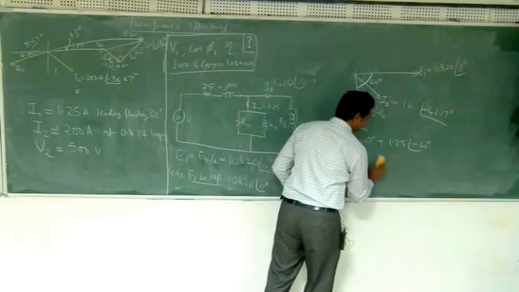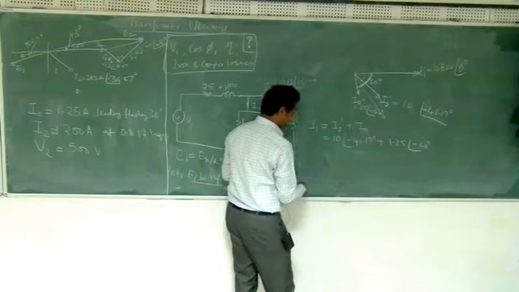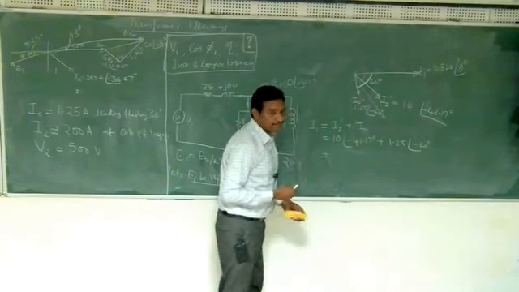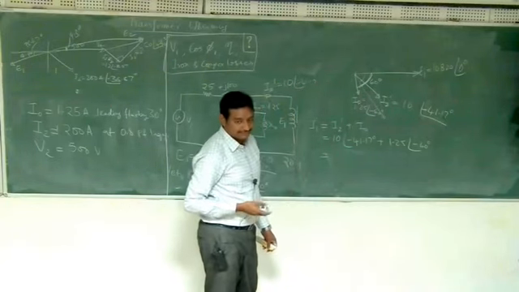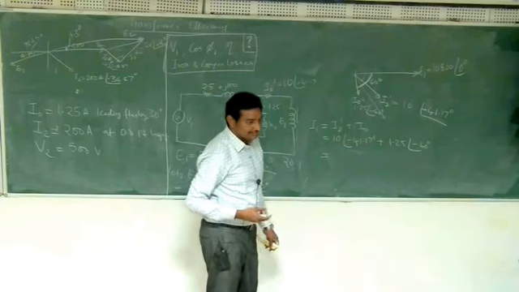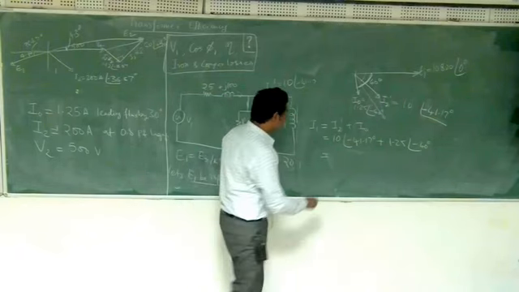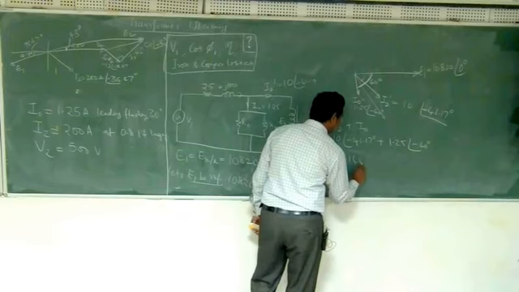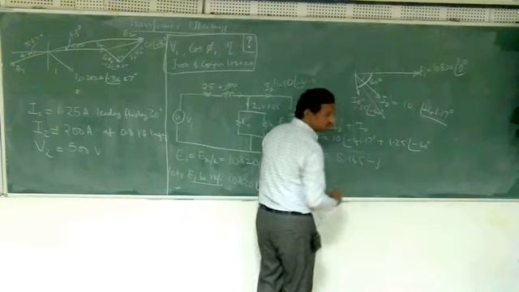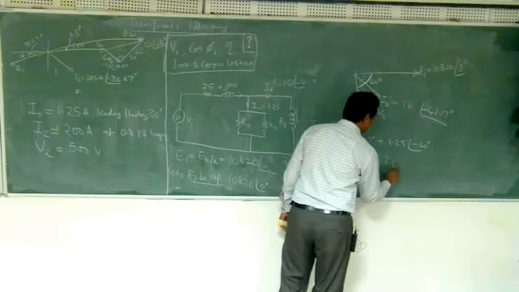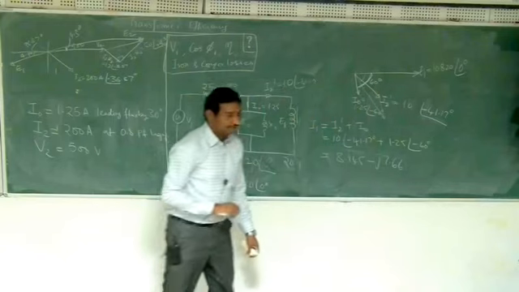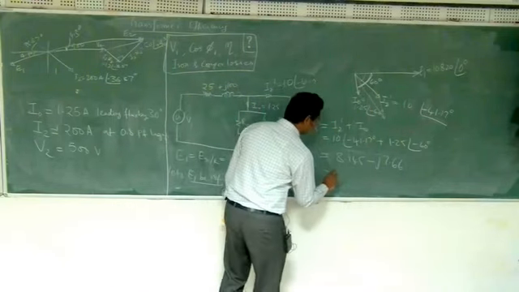So what is it? 8.145 minus j 7.66. Now you convert back into polar form.